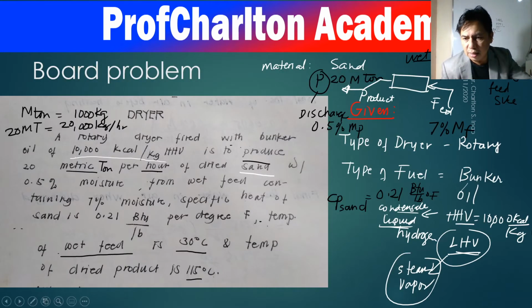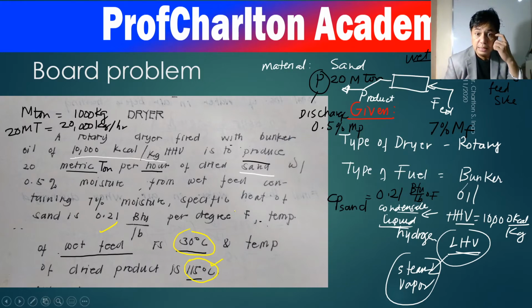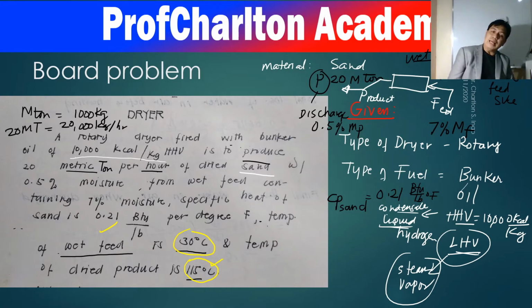So the sand on the feed or wet feed side is 30 degrees, and then it goes out here at 115 degrees centigrade. So there's a delta T, or change in temperature. So there's a heat transfer there, right? So that's another heat, and the other, based on my calculation, is the heat.